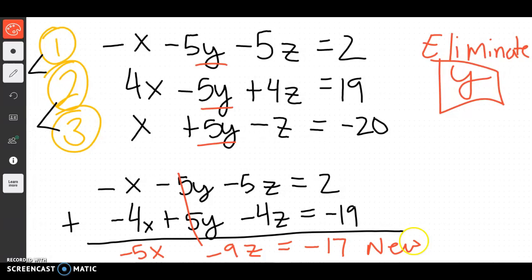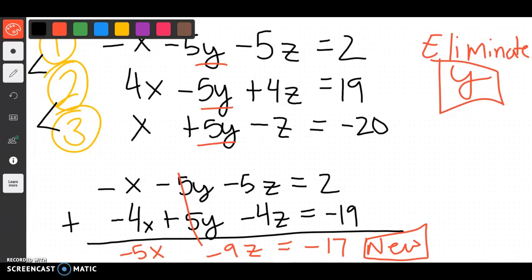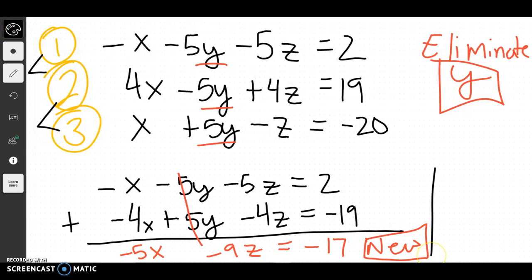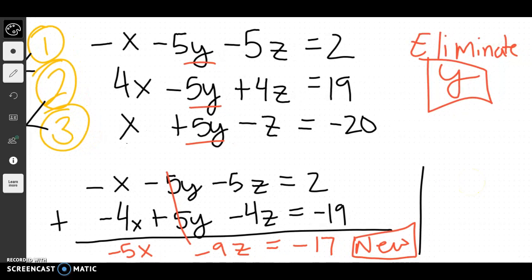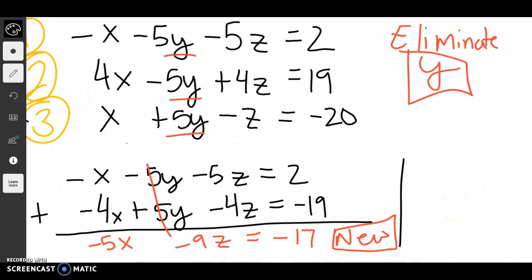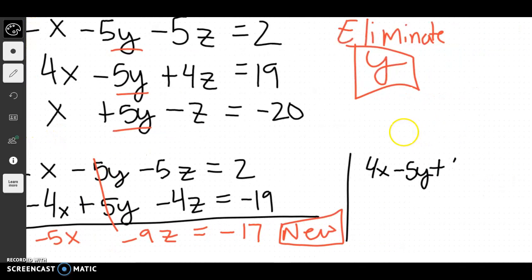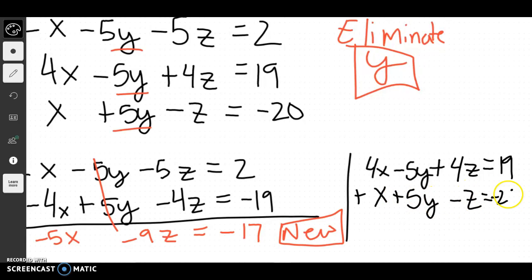And we're going to need 2 new equations to do elimination one more time. So we used equation 1 and 2 to eliminate. And now we're going to do the same thing but with equation 2 and 3. So when I do that, I'm going to have 4x minus 5y plus 4z equals 19, and 5y minus z equal to negative 20.